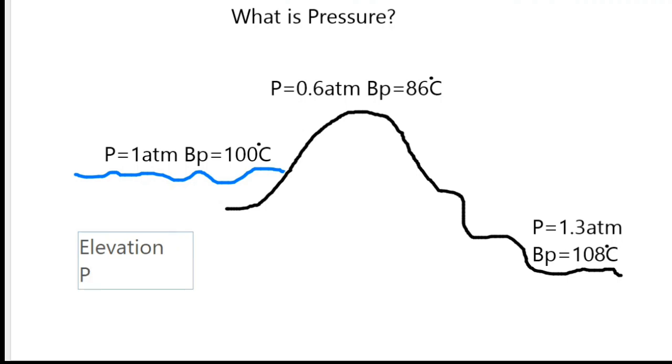But if you are low in elevation, that means you have more pressure. That's why in a cave or in the depths of the water there's more pressure, because the elevation is going down.